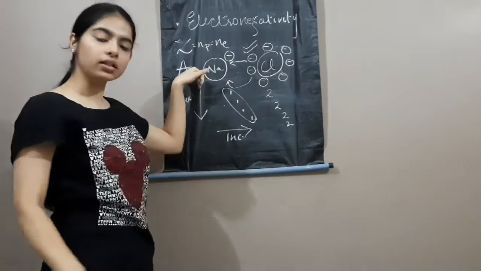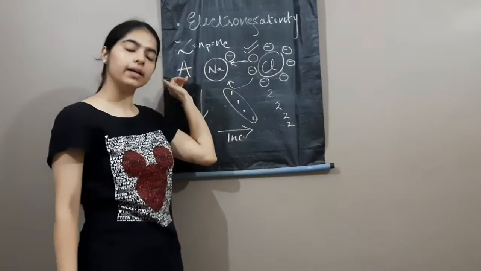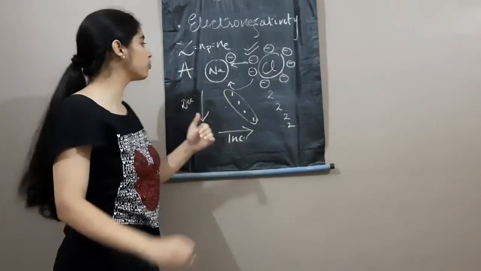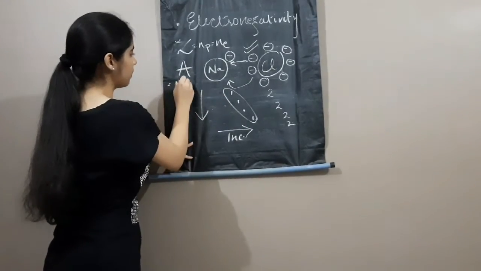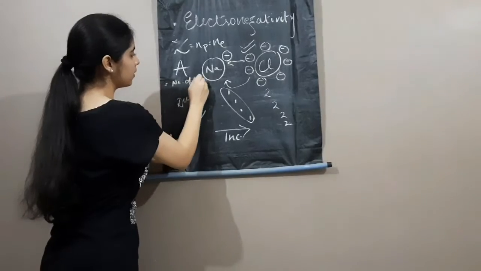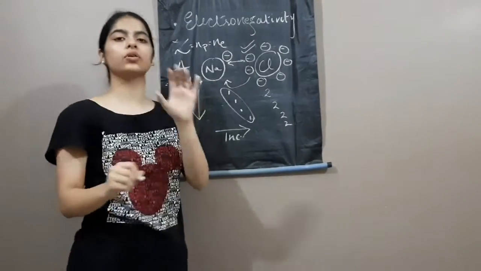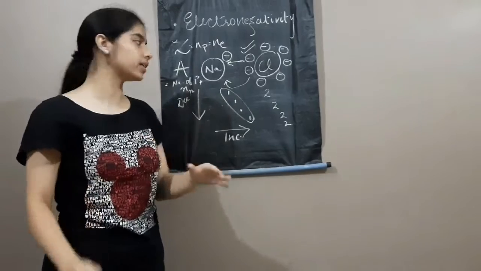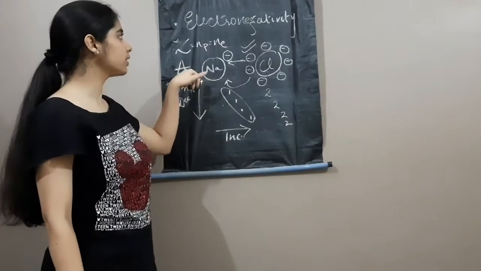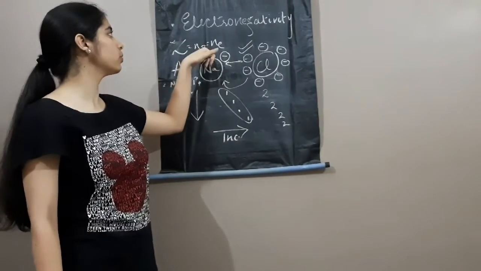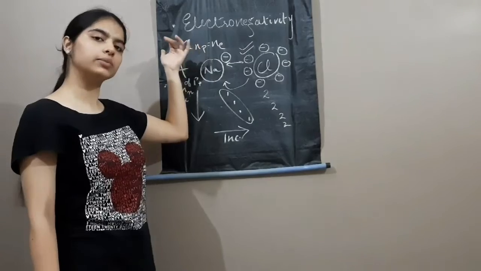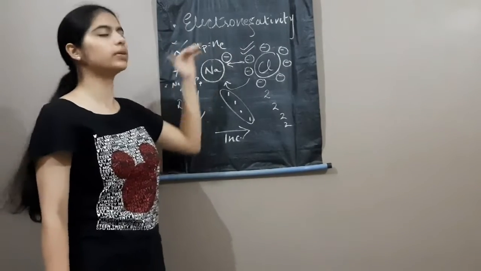And mass number, which is denoted by A, is called what? The number of protons plus the number of neutrons present in the nucleus of an atom is called mass number, and the number of protons present in the nucleus of an atom is called atomic number. It is also equal to the number of electrons.